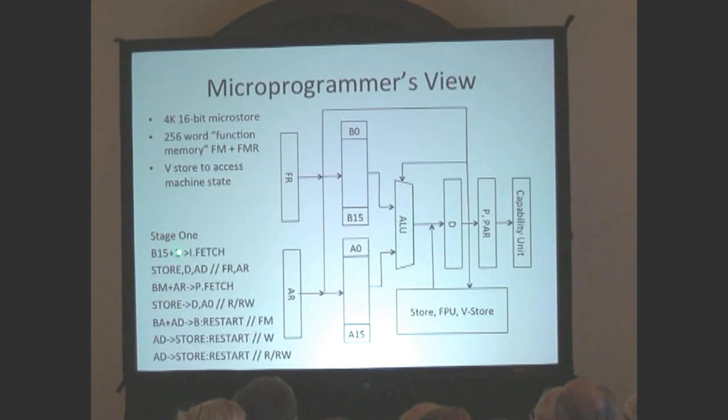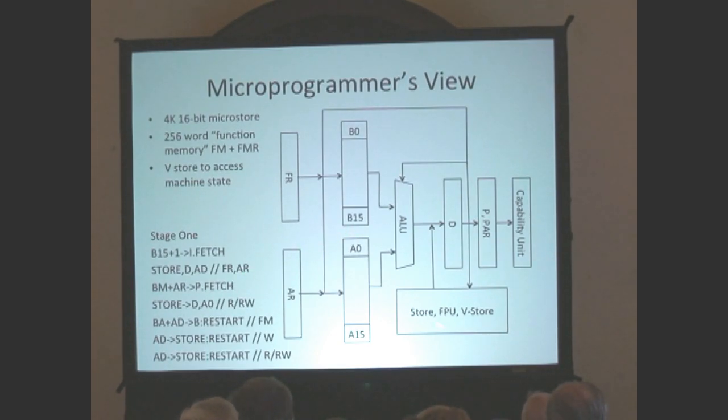And the microsequence, increment the program counter, which is B15. I.fetch says route that through out to the store as a fetch and execute. Wait for the store to bring back the data and put that on the D register. It turns out as a side effect, other things got loaded. The microprogrammer's world is a nightmare. Everything has side effects. Not every instruction you want is there.